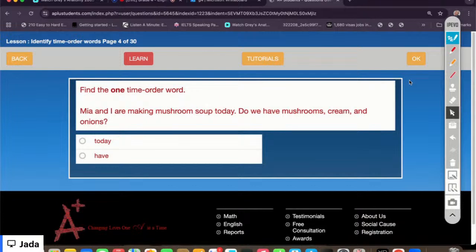Mia and I are making mushroom soup today. Do we have enough mushrooms, cream and onions? What is the one time order word here?